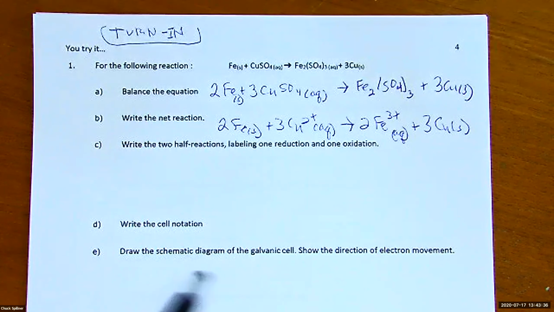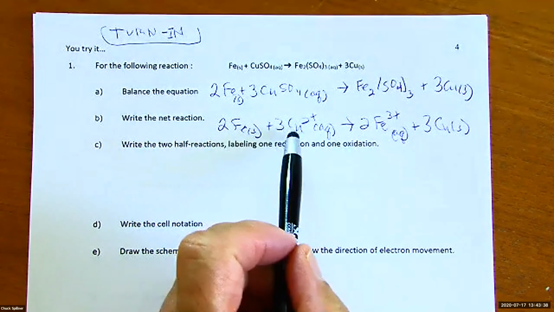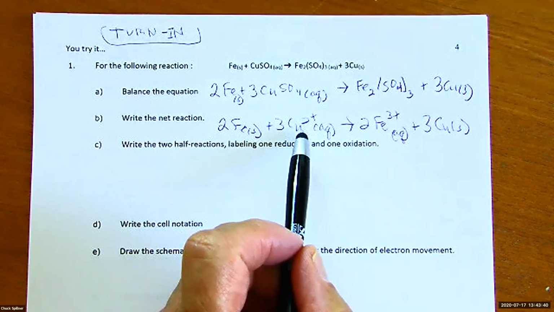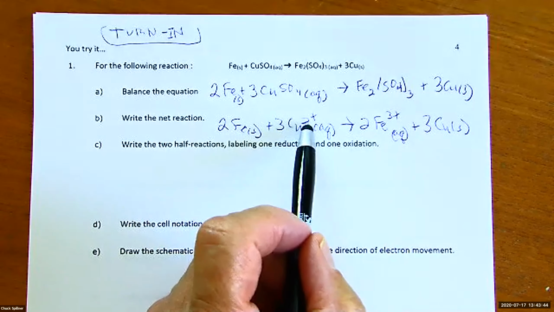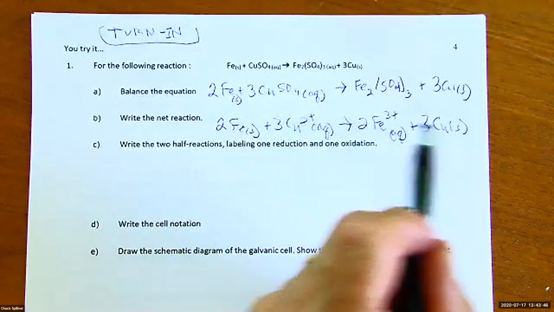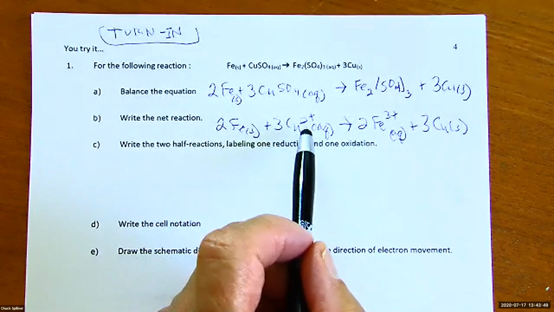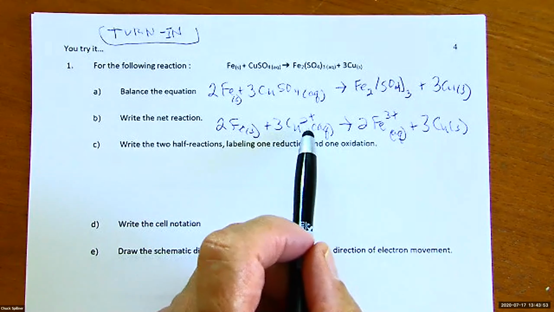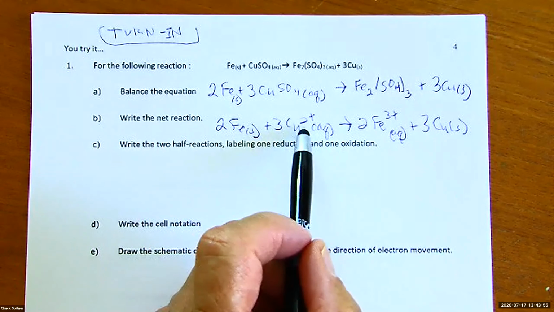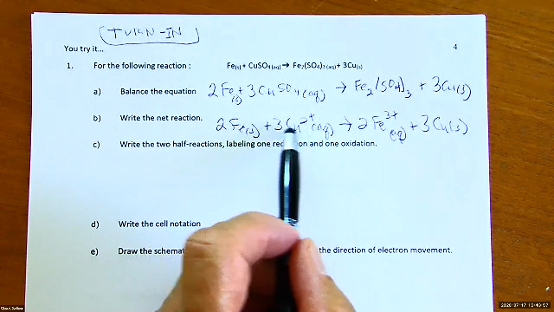So in this reaction, we have 3 copper 2 plus that are going to copper solid. So we know that we're going from a 2 plus copper to a 0 copper. You look at the oxidation numbers, and each copper ion is gaining 2 electrons. There's 3 of them, so we have 6 electrons.